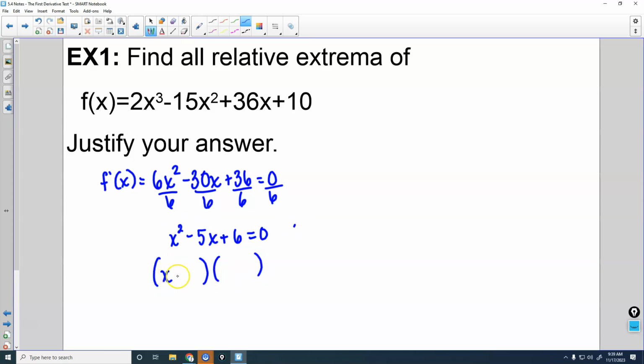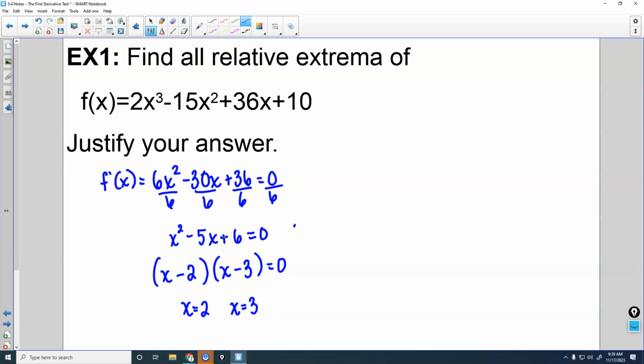So that'll be x minus 2 and x minus 3, I believe, which will give you x equals 2 and x equals 3. You cannot use those other factors, because that will give you a -6 right there.